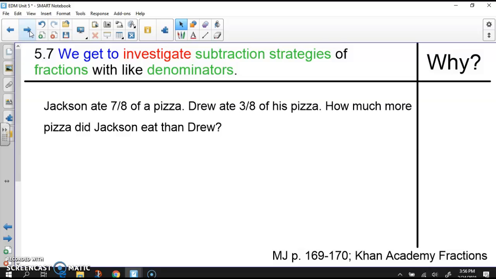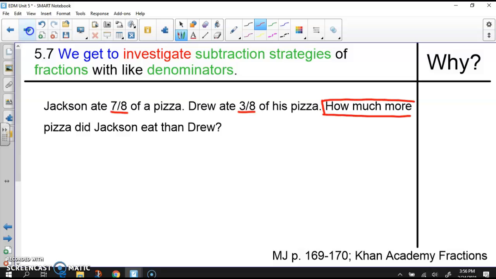So once again, I'm going to underline my important information that I already know, because we have 7/8 that Jackson ate, the 3/8 that Drew ate, and we're trying to figure out how much more. And these keywords, much more, let us know it's going to be a subtraction problem as well.